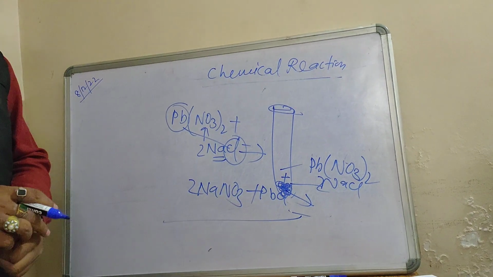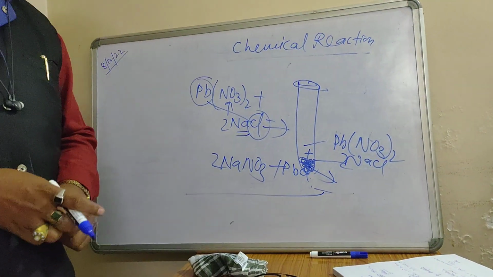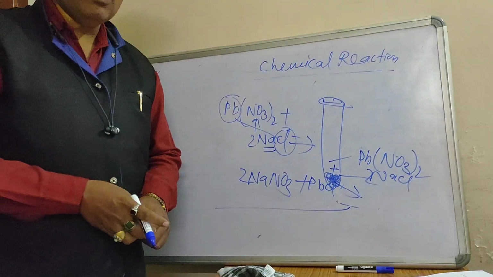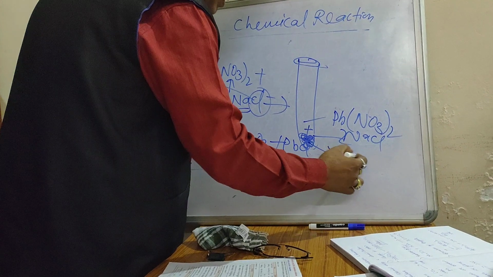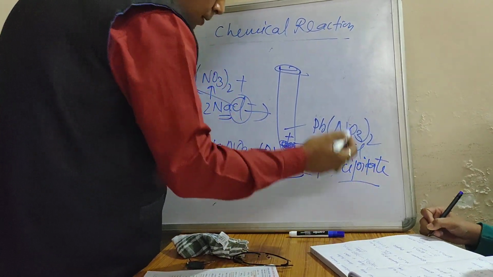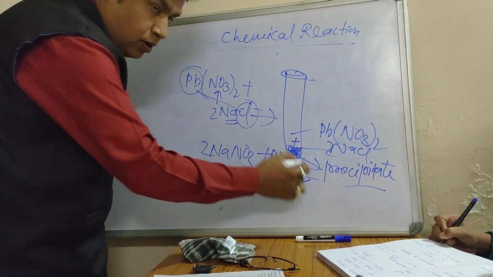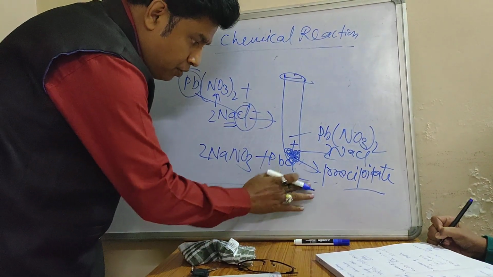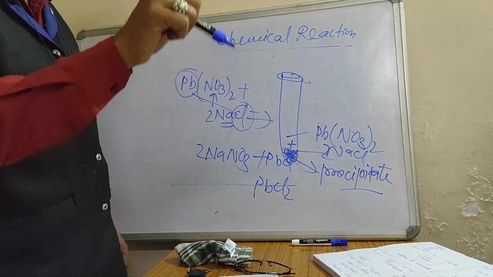So the undissolved part of any chemical reaction is commonly called a precipitate. When I say PbCl2 is not dissolved, you have to give an arrow for the precipitate. When gas was evolving, I told you that you have to give an arrow upwards.